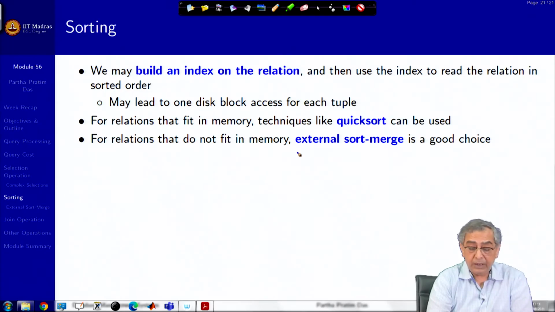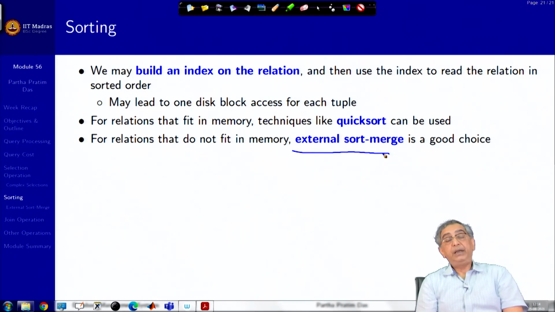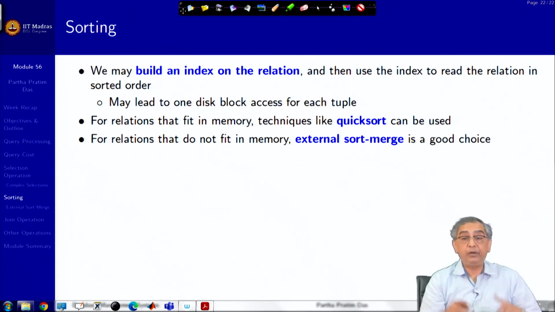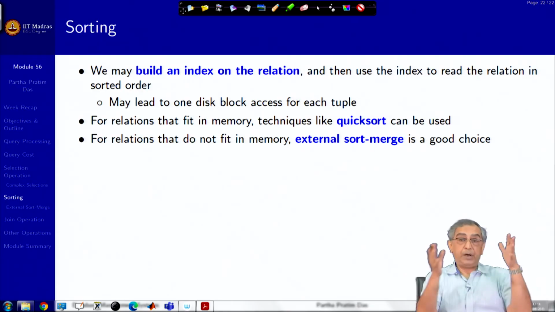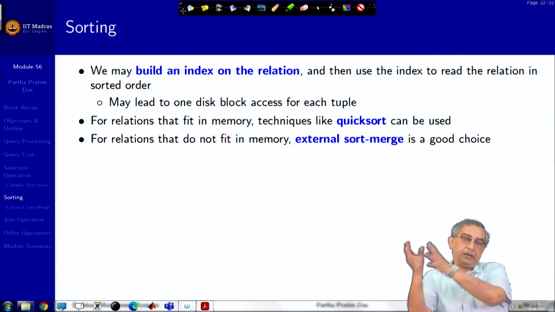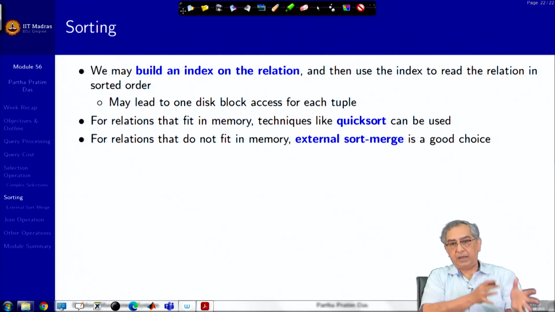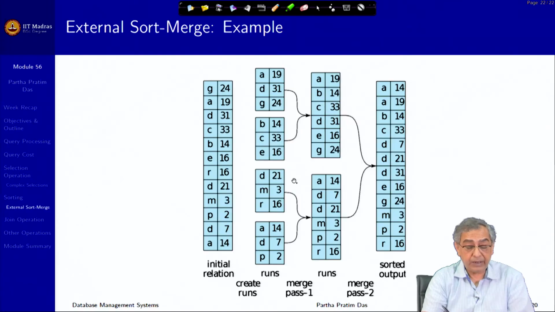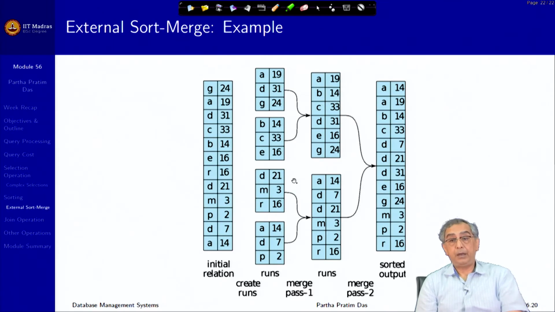If it does not fit, then you will have to do a multi-way external merge sort. That is, you are not able to fit the entire thing in memory. So, some parts will have to be brought into the memory, sorted there by some algorithm, and then written back to the disk, and other parts you bring and keep on merging. So, the basic strategy is sort and merge.